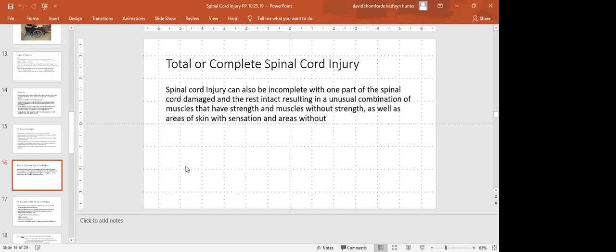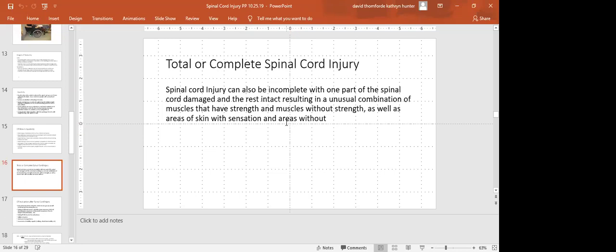The last thing to say about the medical aspects is that we tend to think in terms of spinal cord injury as an all or nothing thing. They have damage at the C8 level. They can use both arms, but they can't use their hands. They have damage in the lumbar area. They can use both arms, but they can't use their legs. But depending on the cause, some causes will result in a partial, incomplete spinal cord injury, especially like a gunshot wound might damage one side of the spinal cord, but not the other side.